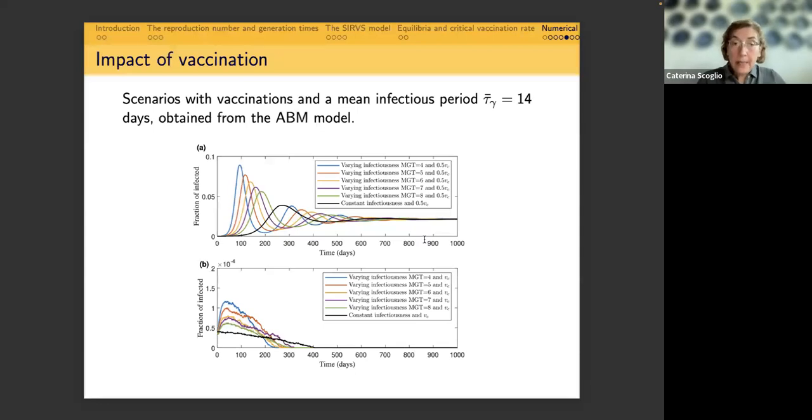However, in the same situation, if we use half of the critical vaccination rate, 0.5 VC, we have a non-negligible epidemic going up to 0.1, a little bit less, a fraction of infected, and converging also to a non-negligible number of infected individuals.